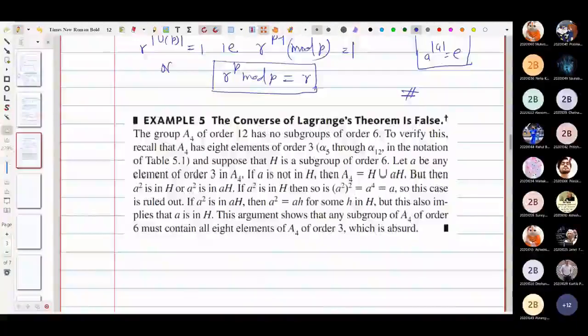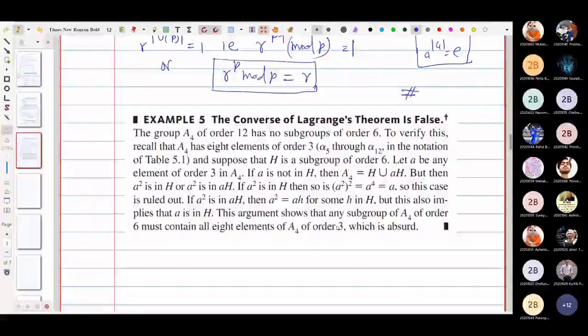So this is example number 5 of your book, that the converse of Lagrange's theorem is false. It is the same thing I told you earlier, that A4 has order 12. You know that the order of A_n is n factorial by 2.